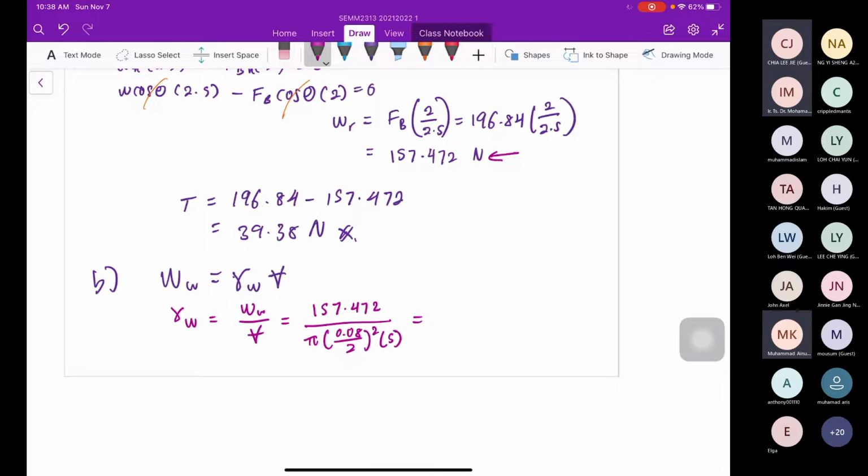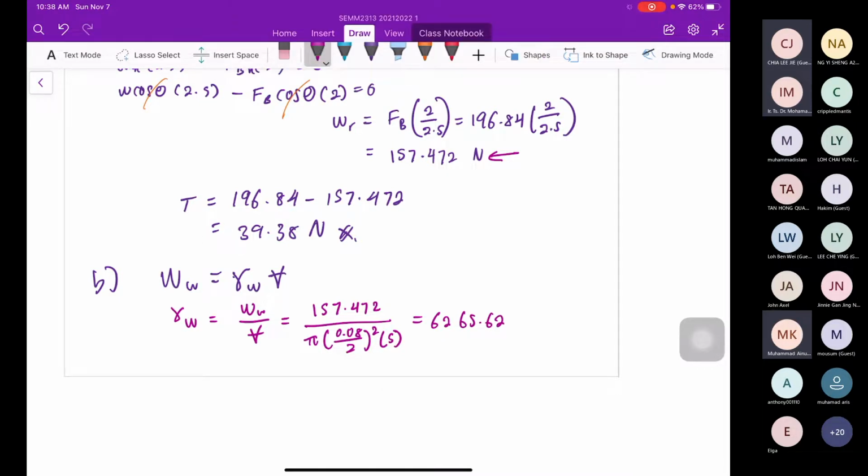So you will get 0.082 squared multiply with pi multiply with 5. 157.472 divided with answer, you will get 6265.62.